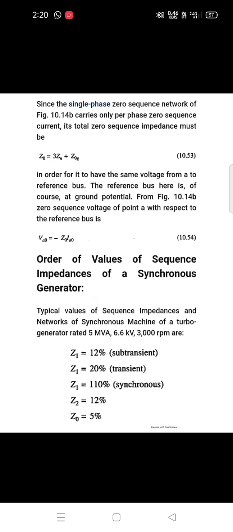Here you can see that Z1 is large, Z2 is less than Z1, and Z0 is also less than both the positive and negative sequence. So we have already seen the sequence impedances for transmission line and for synchronous machine.